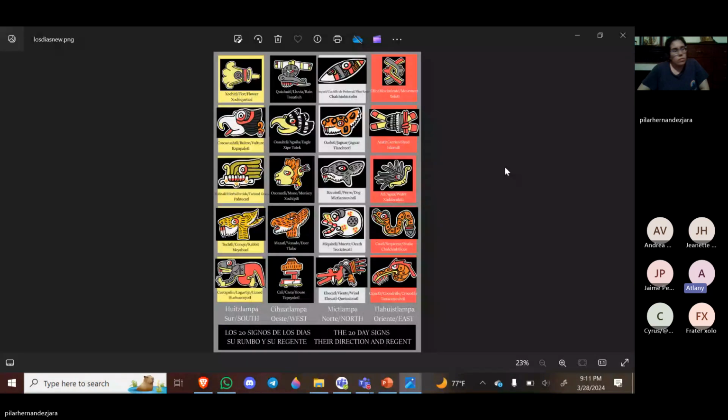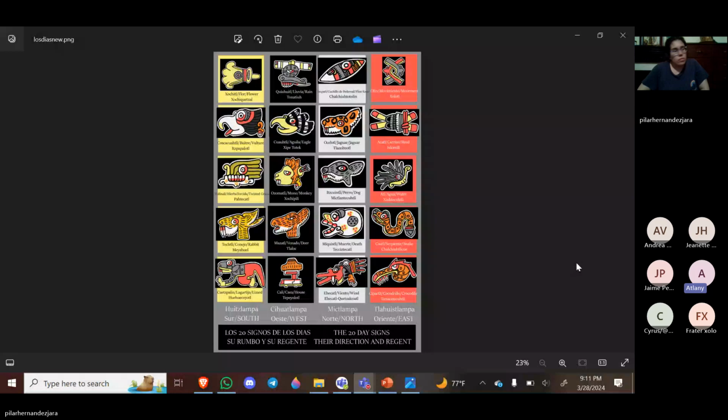As far as the first tonal, that's essentially what we're going to be discussing today. And that is basically Zipaktli. Okay, we can see it on the bottom right side of the calendar Noinitsin Pilar put together for us there. This calendar, as she mentioned when she shared it, is essentially following a pattern, right?